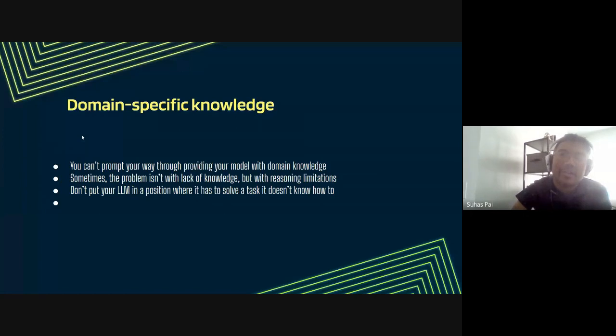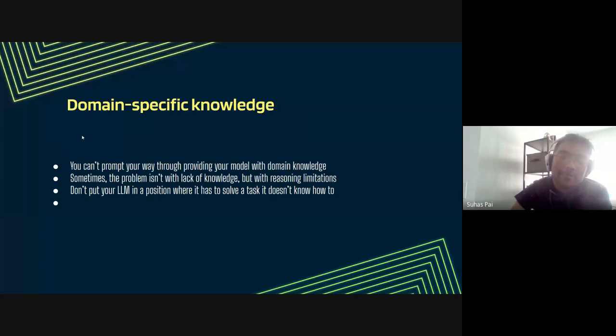And you can say, okay, so I just put those instructions in the prompt, right? But you can't prompt your way through providing your model with domain knowledge. Again, the prompt is just 4K. The effective prompt size is just 3 to 4K. And you have hundreds, if not thousands, of financial concepts. In fact, you want it to be the equivalent of a CPA, which it obviously is not.